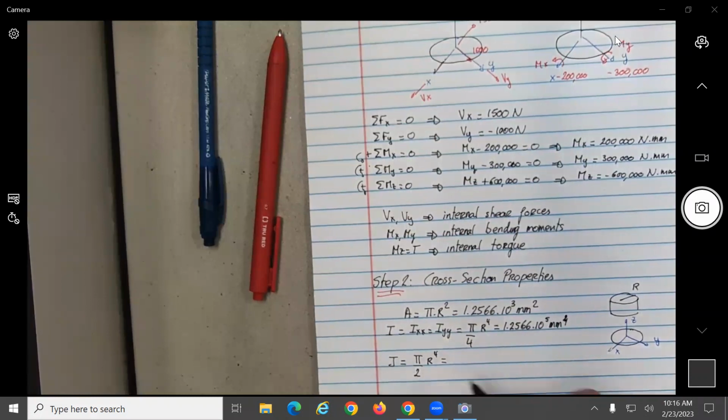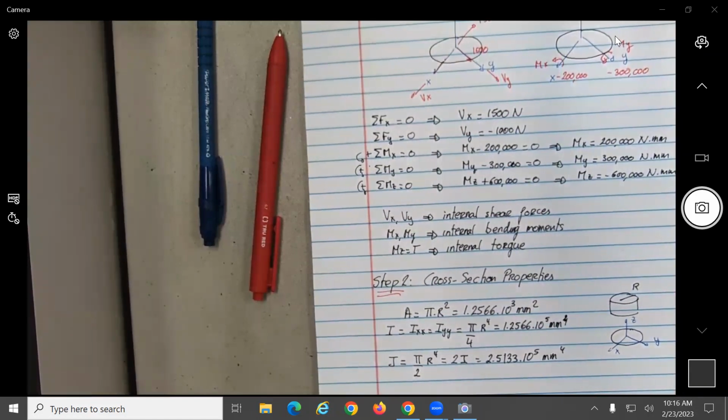So basically it's twice this one. Whatever that is, 2.5, and my units are in millimeters, so that should be 10 to the 5th millimeters to the 4th. I can work with that.